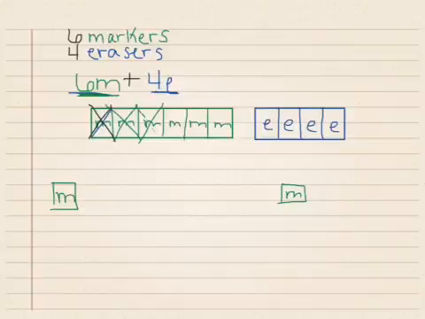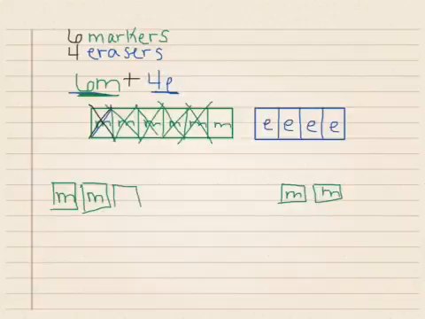Then we'll keep moving down the line, and all we're doing is splitting it between 2 people, or into 2 groups. So far, I was able to take 6 markers and split them equally between 2 people. Let's see if I can do the same thing for our erasers.